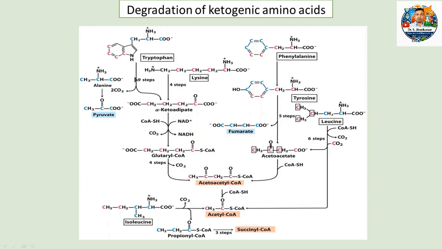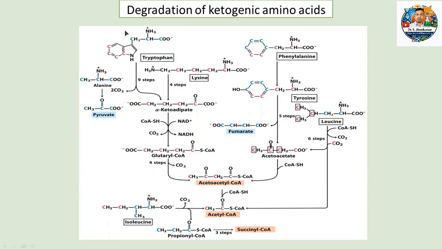Now during the initial degradation of tryptophan, it releases alanine, which is another amino acid, but alanine can be easily converted to pyruvate. And if there is pyruvate, then pyruvate can be converted to oxaloacetate, and the oxaloacetate can be used for synthesis of glucose.